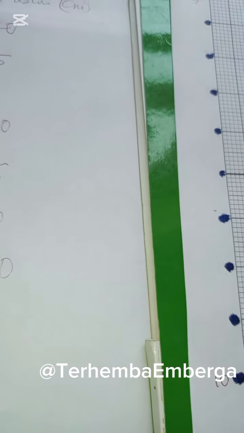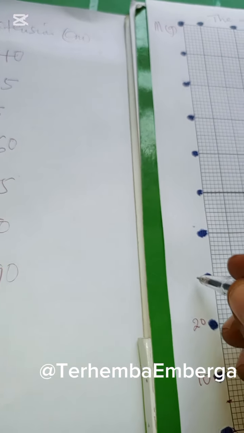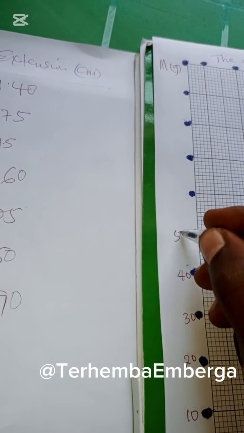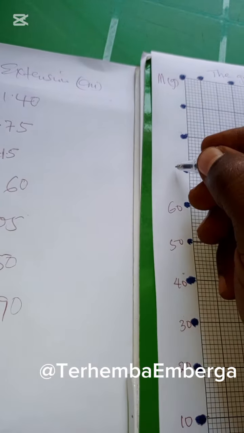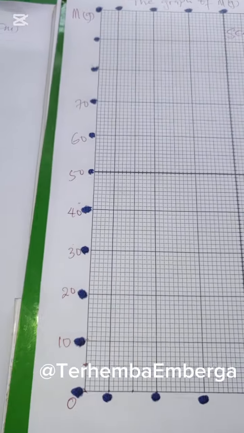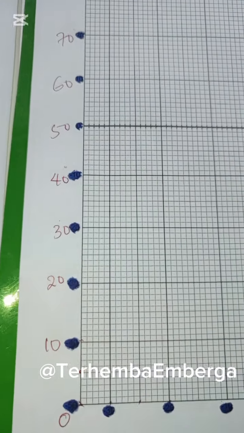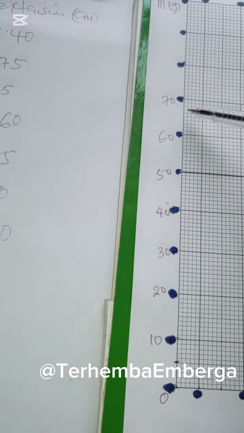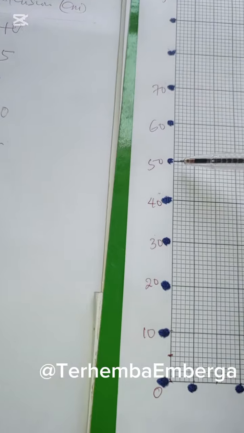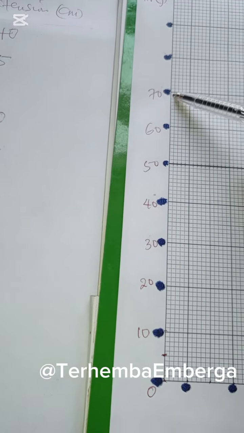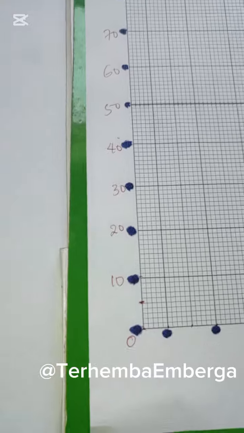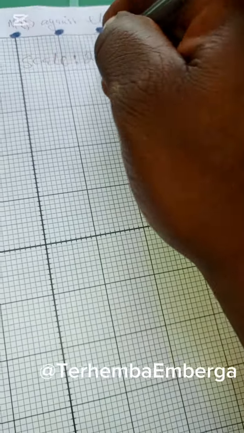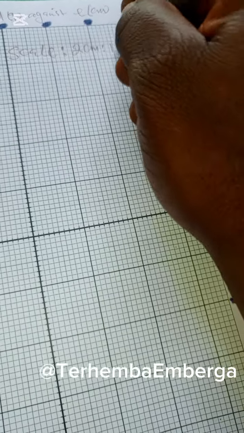So we can say 10 grams, 20 grams, 30 grams, 40 grams, 50 grams, 60 grams, and 70 grams. You can see that my scale is in such a way that the graph is more than half of this graph sheet.